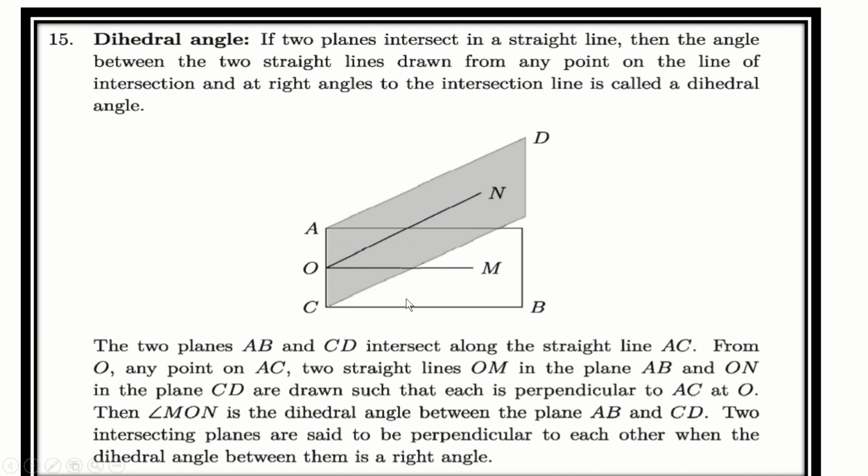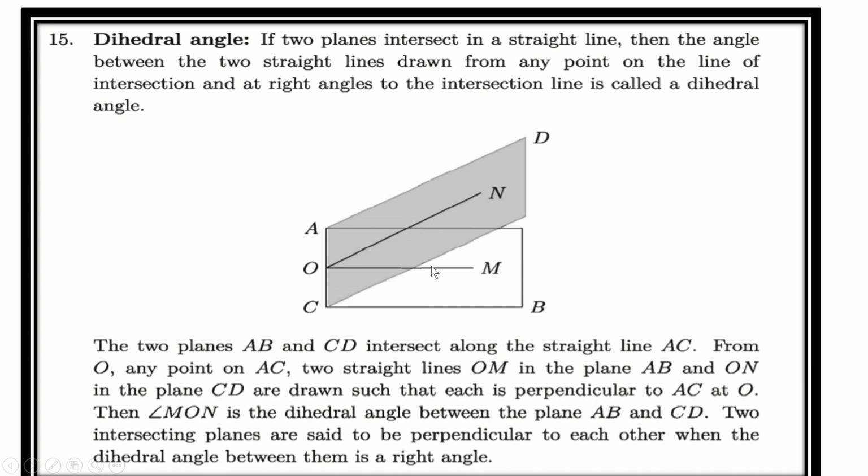Clear? And here are given two lines. One is OM. OM is a line on this plane, and another line ON. ON is a line on this plane. Clear?